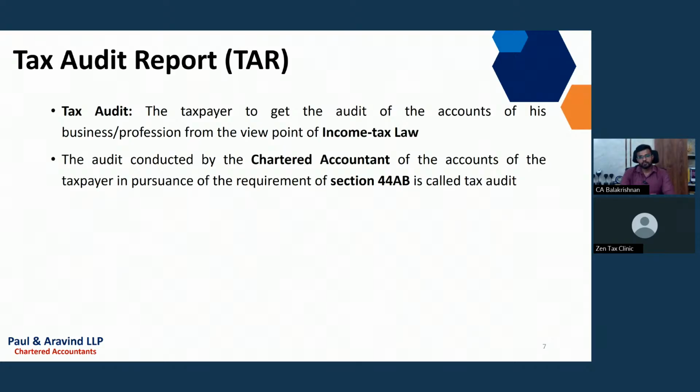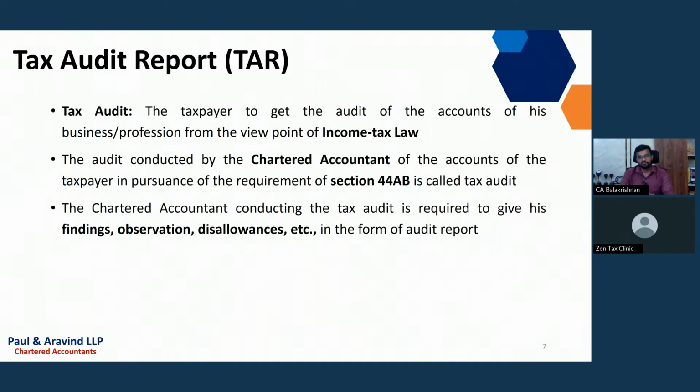So if your books of accounts need to get audited, then it must be a chartered accountant, and he will file Form 3CA or 3CB, along with 3CD. We will see it later.